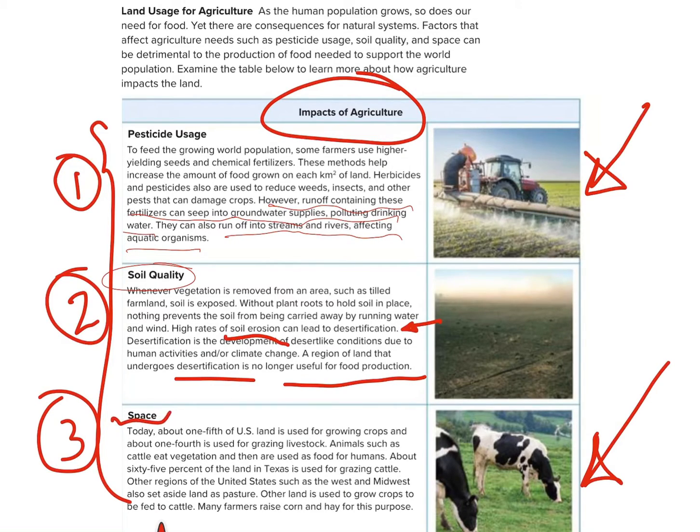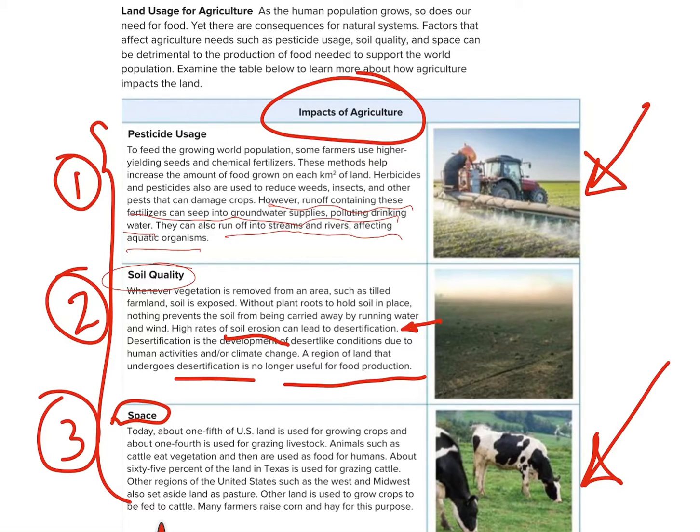The space available. Okay. Here is a statistic of the US. It says that about 1/5 of the US land is used for growing crops and about 1/4 is used for grazing livestock. Animals such as cattle eat vegetation and then they are used as food for humans.